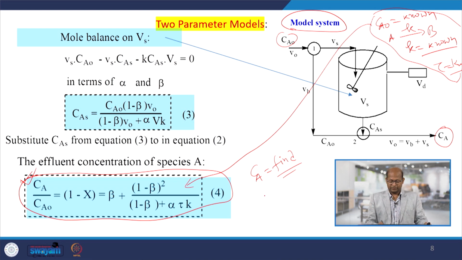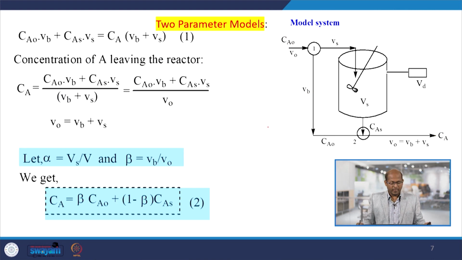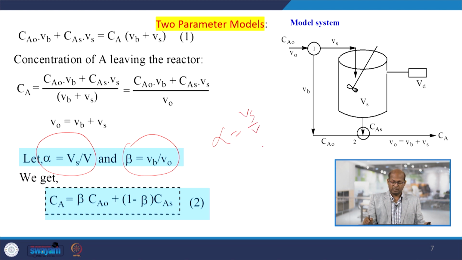And from there, x equals Ca naught minus Ca by Ca naught, so we can find the conversion. But before that we need two components, alpha and beta. Alpha is the system volume by the actual volume of the reactor, and beta is the bypass volumetric flow rate fraction.